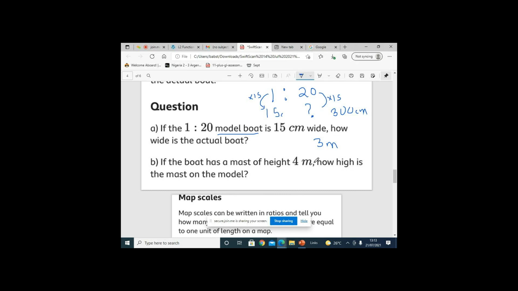You want to know the boat in real life, so just find the common multiplier. From 1 to 15 it is times 15. Then you multiply 20 times 15 and get 300 centimeters, or 3 meters. If you have to convert these 3 meters to kilometers, just divide by 1,000. So it's going to be 0.03 kilometers. So that's it.